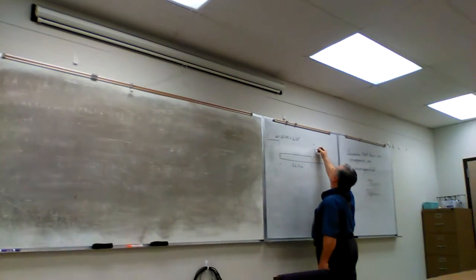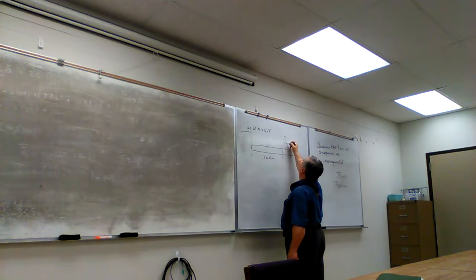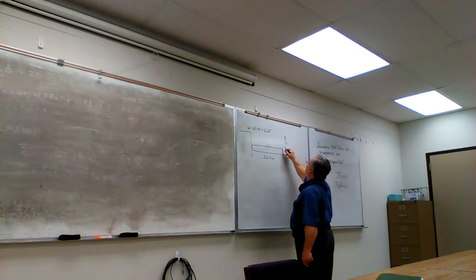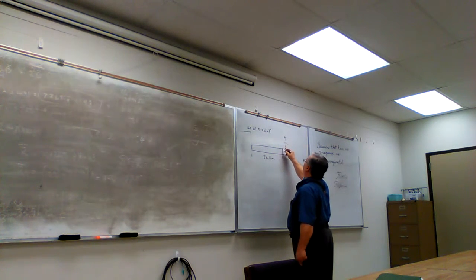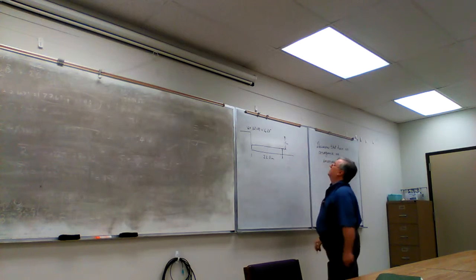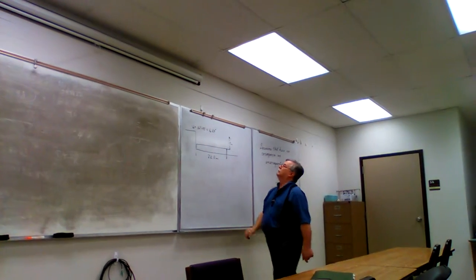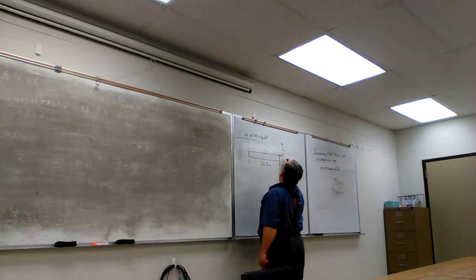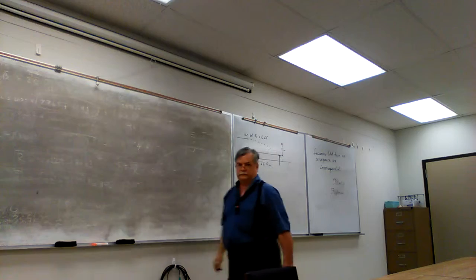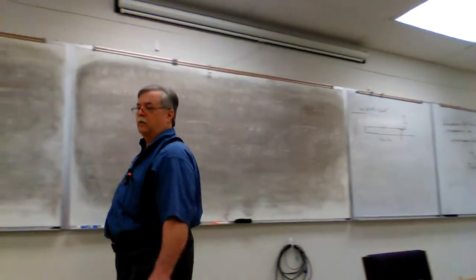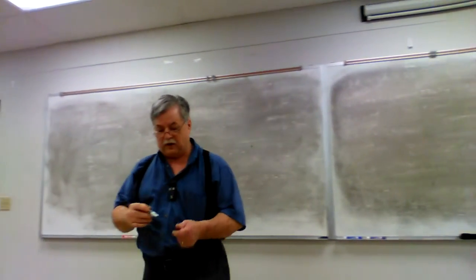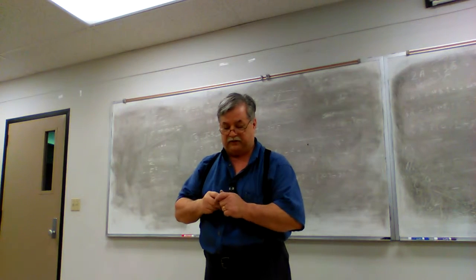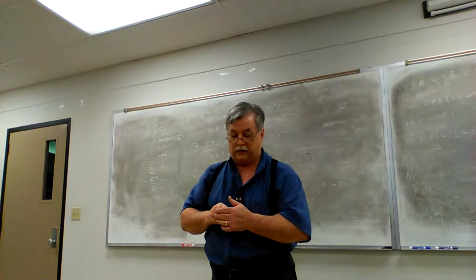And 1.5 meters vertically. That's the point he has to clear when he leaves and does that. And now we need to know what minimum V sub naught does he have to achieve when he leaves that ramp.